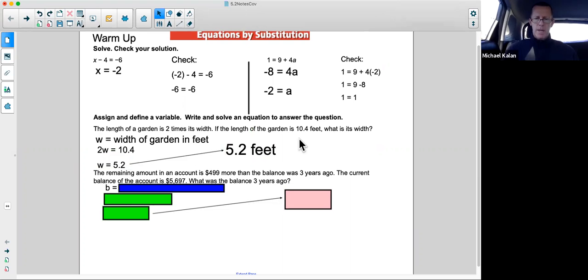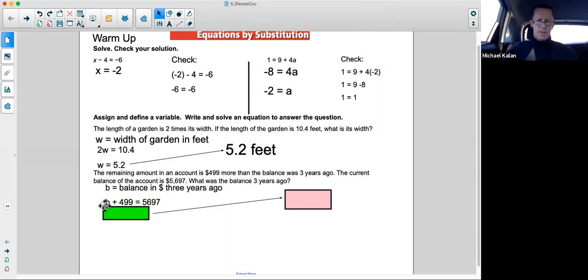Okay, try the next one. The remaining amount in an account is 490 more than the balance was 3 years ago. The current balance of the account is 5,697. What was the balance 3 years ago? Remember, always assign and define a variable. So go ahead and do this problem. Okay, so I set B to be the balance 3 years ago. And if that's the case, then the balance 3 years ago plus 499 would equal what it is now, which is the current balance of 5,697. Subtract 499, and there is your answer.